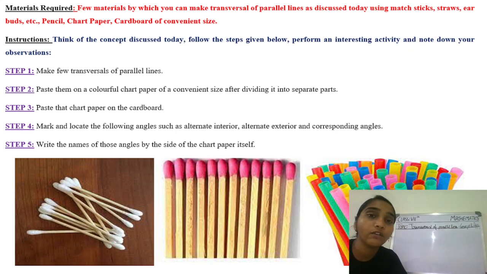You will make a few transversals of parallel lines, then paste them on a chart paper of a convenient size and divide it into separate parts so that you can make 4 to 5 transversals of parallel lines. Then mark and locate the angles, like the alternate interior and alternate exterior angles, using your creativity to represent those angles. Then write the names by the side on the chart paper itself and bring it to class.